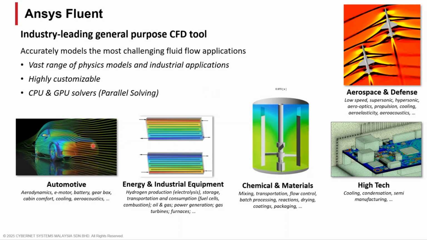In automotive, you get to solve the aerodynamics, the motor, the battery cooling, all those kinds of things. Energy industry equipment, chemical processing, mixing tanks, even high tech as well. Nowadays, you talk about the heat sink, PCB boards, thermal distributions, even aerospace, and many more. Those things that involve fluid flow, you can actually use CFD tools to simulate.